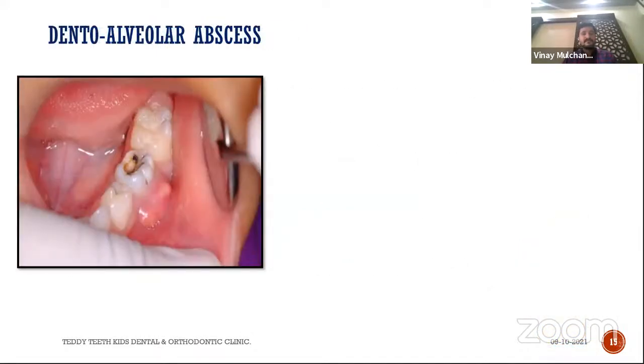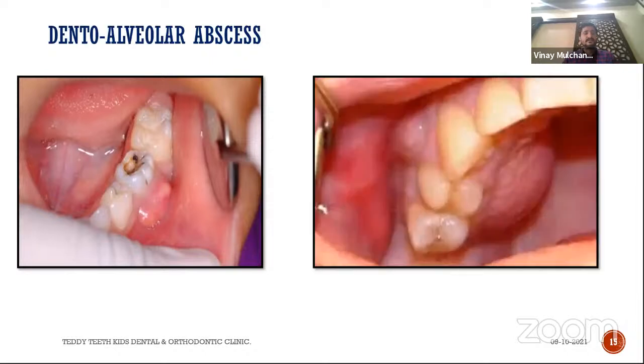Now, these are some of the cases which I would discuss. You can see the dento-alveolar abscesses in these cases. These are severe dento-alveolar abscesses which have reached the alveolar bone. There is a draining sinus, and the picture on the right shows a palatal abscess, which earlier practice would advise right away for extraction, especially in children, because these conditions were very difficult to handle.